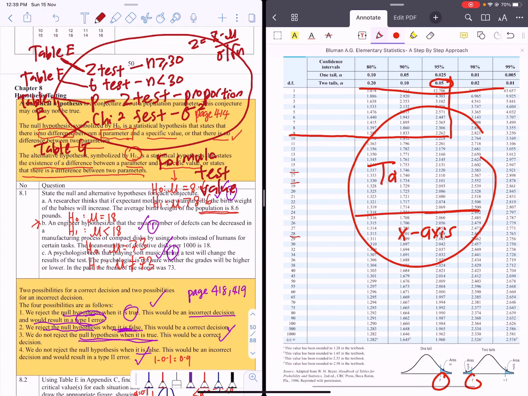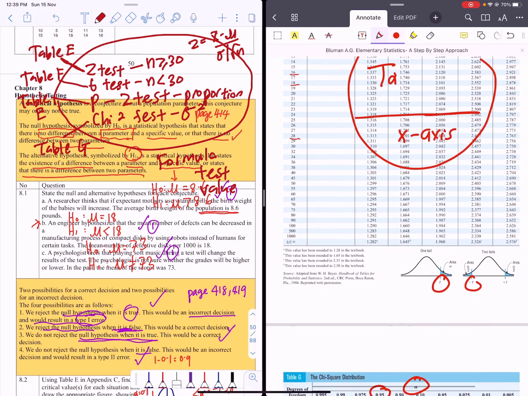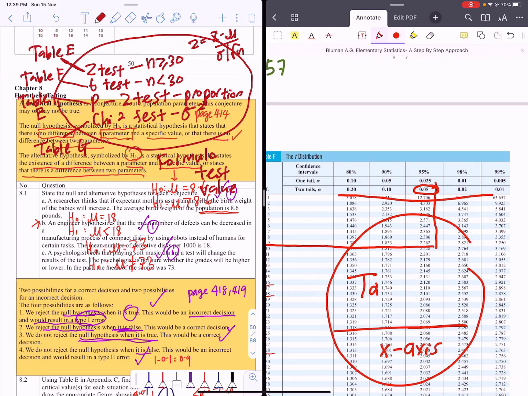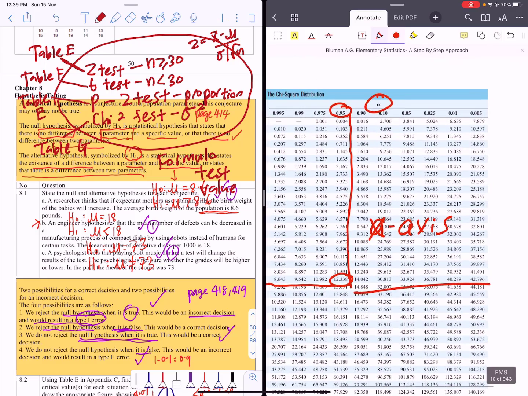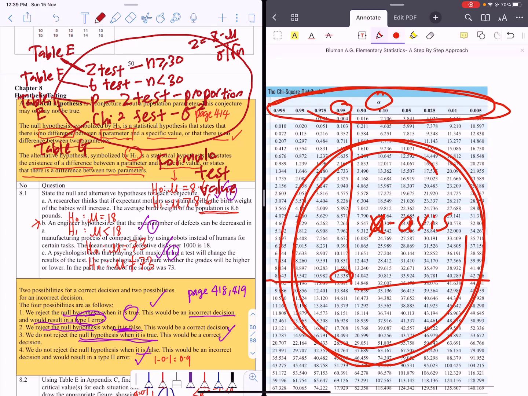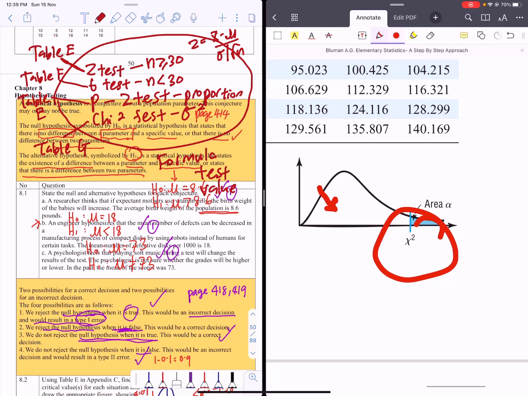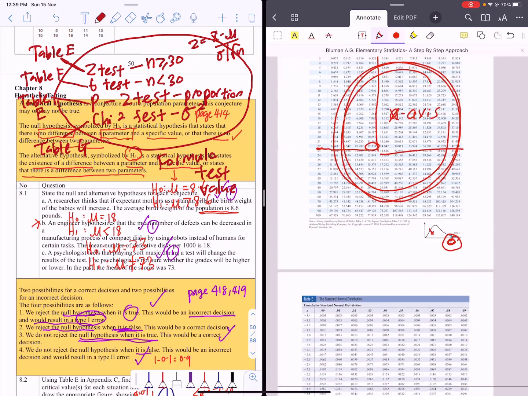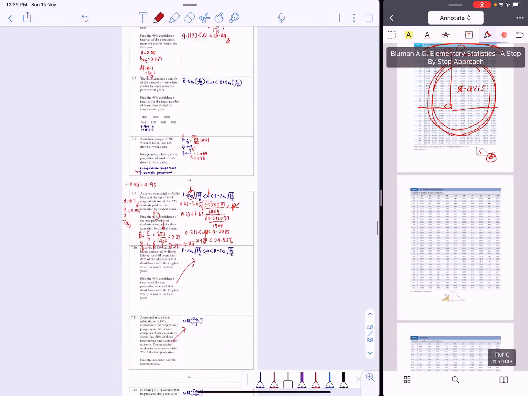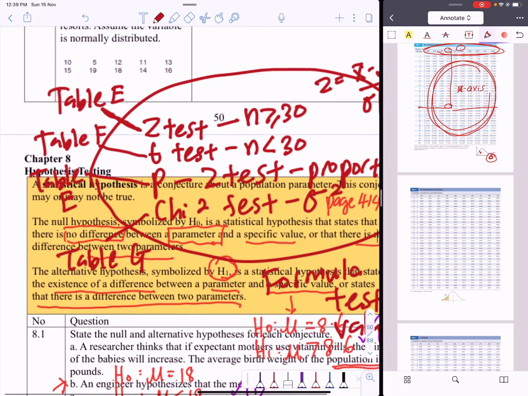Dan dekat dalam ni dia punya T. Okay, area ni yang atas ni, sama ada dia one tail, two tail, ni area. Kemudian untuk table G, area dekat atas ni, yang kat dalam ni adalah yang X axis ni, value of chi-square pada X axis. Okay, that's all lah from this chapter, chapter 8, hypothesis testing.